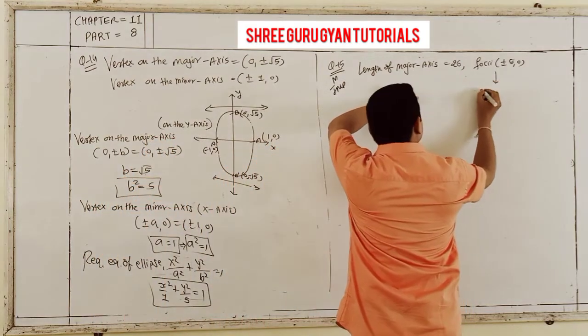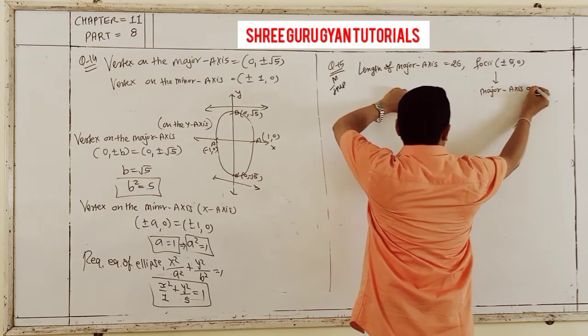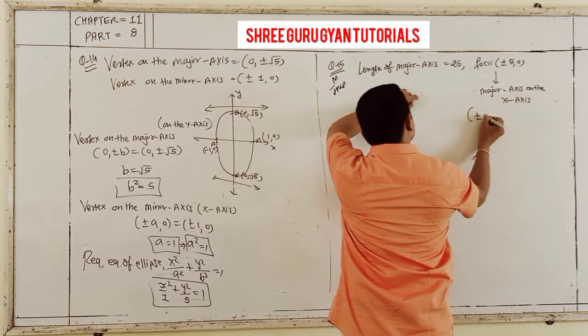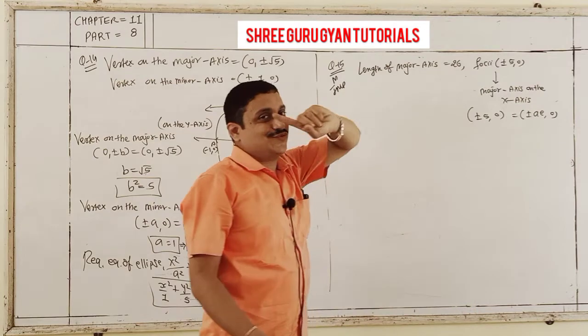Here you can cover major axis on the x-axis. So the focus you know is plus or minus a comma 0 in the first case.